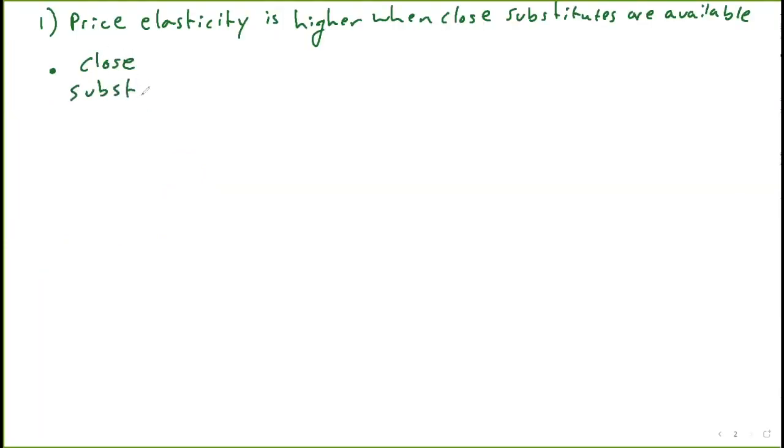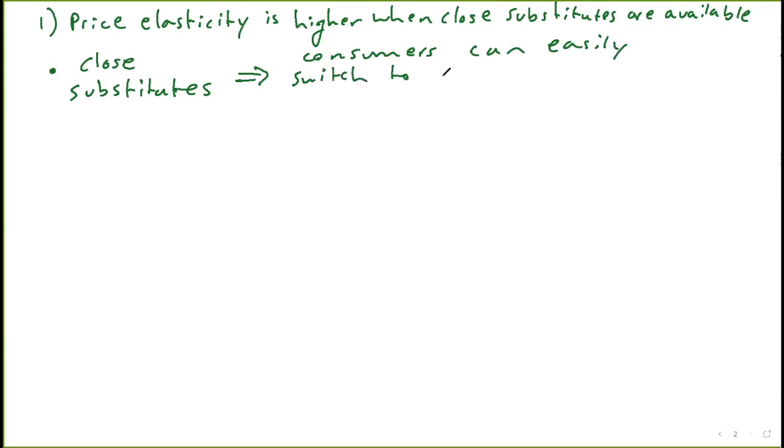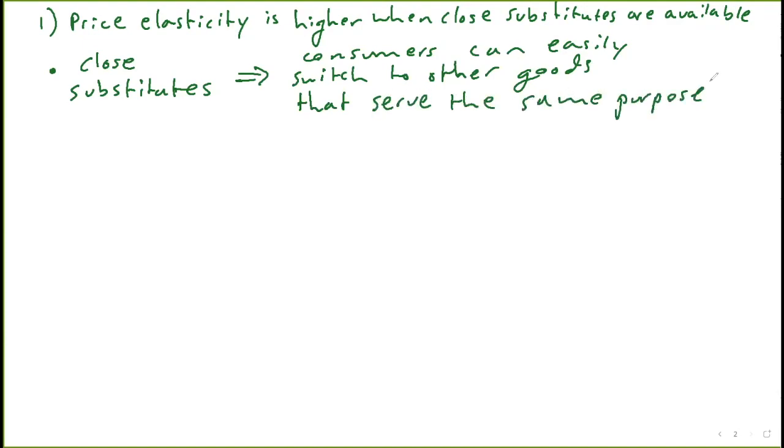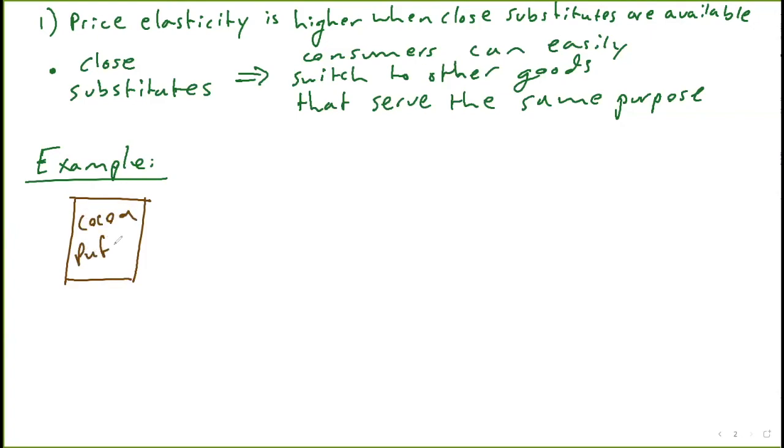So the intuition behind why price elasticity is higher when there are close substitutes available is that if a good has close substitutes, there are other products that consumers can switch to that fulfill the same purpose. So an example of this is Cocoa Puffs. Right?